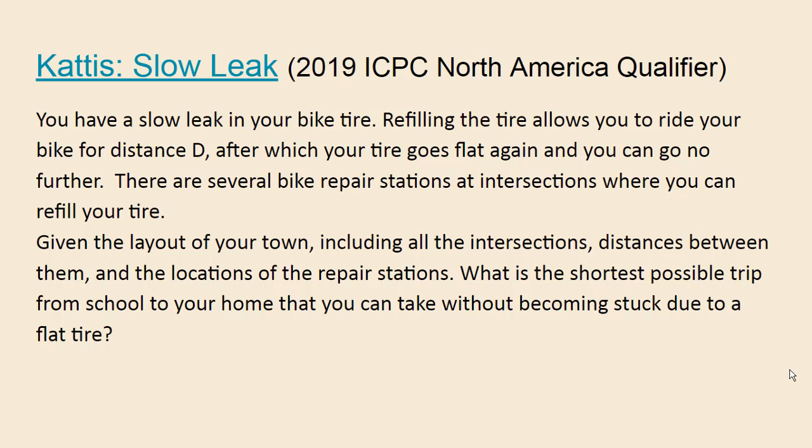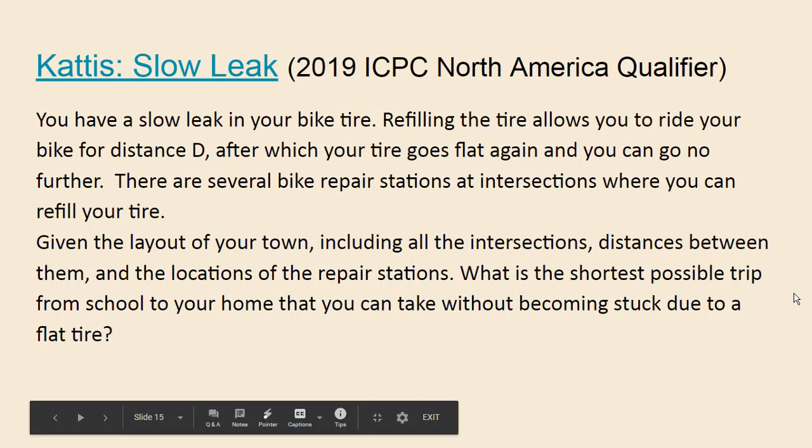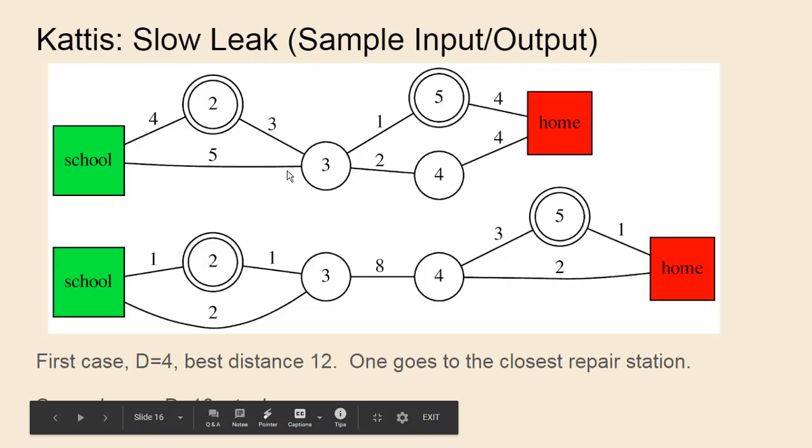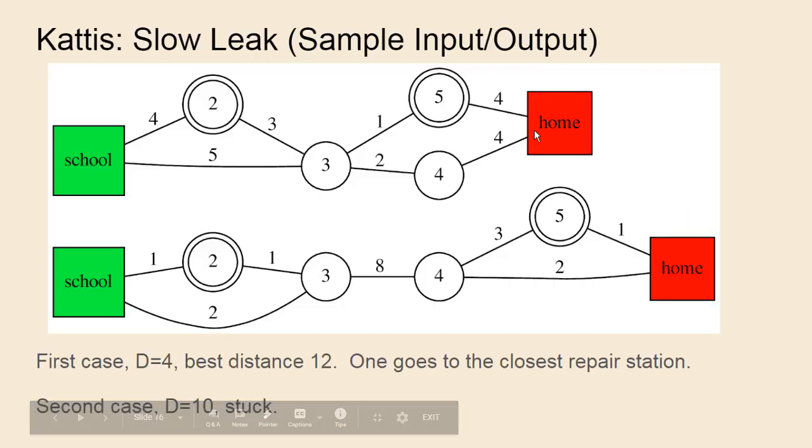Just to refresh your mind, we're trying to see whether we can go from school to home by the shortest distance, but we have to stop at air repair stations before we go too long.